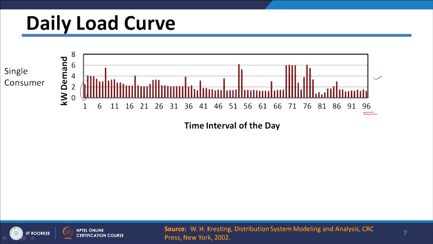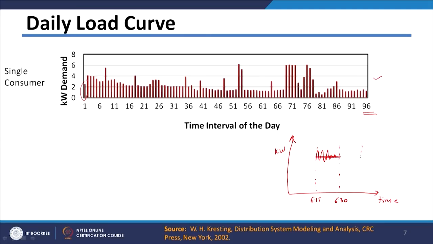Even though consumption is actually changing continuously, as I have shown here, suppose this is your consumption in kilowatt and this is your time of the day, and if you consider one slot, say this slot is starting at 6:15 and ending at 6:30, and between this consumption is actually changing like this. It may take any shape, but if you take the average, it will be like this.